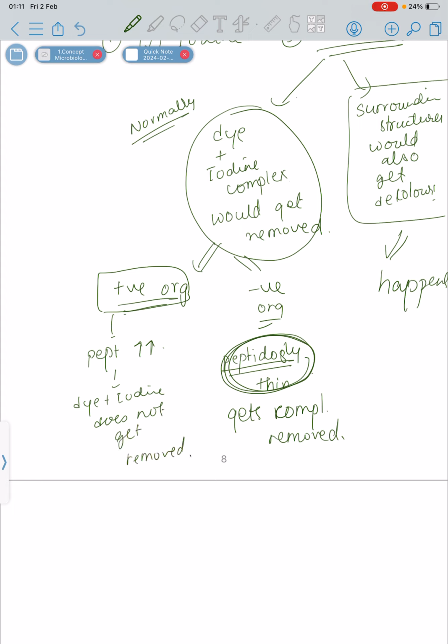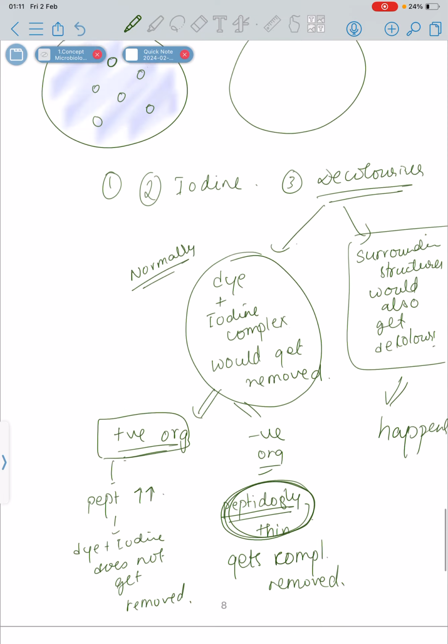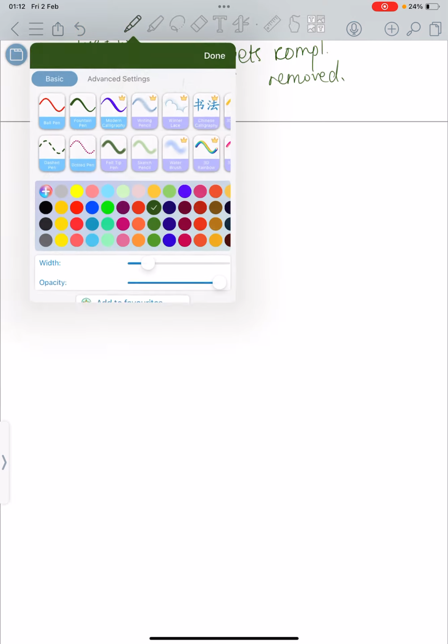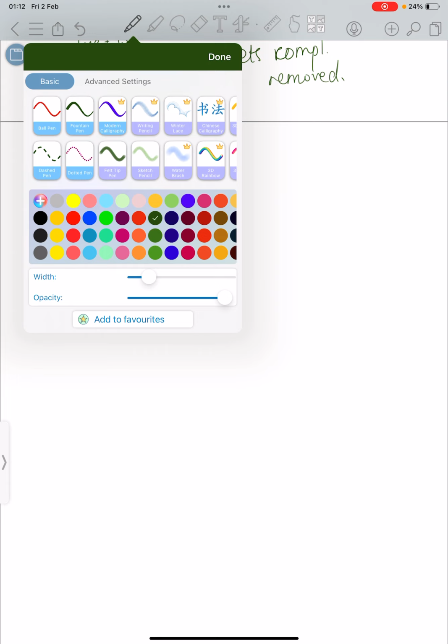Clear? So what I meant is, the first step was we put this dye. It was taken by both gram positive and gram negative organisms.